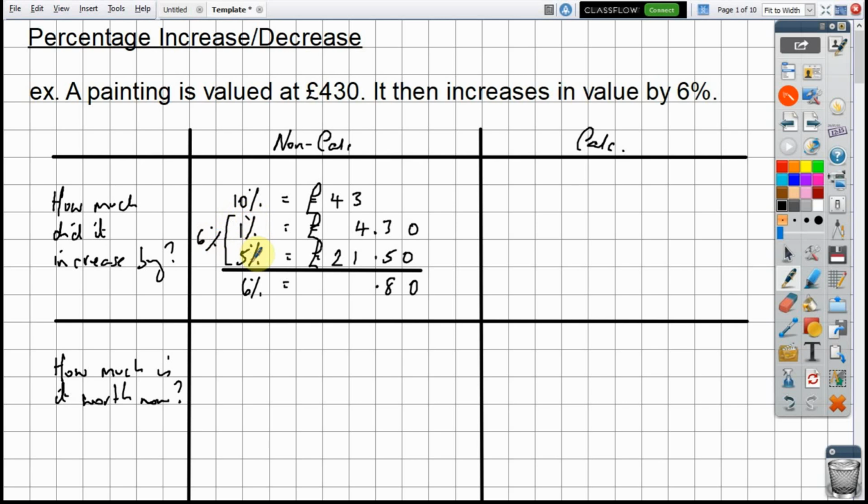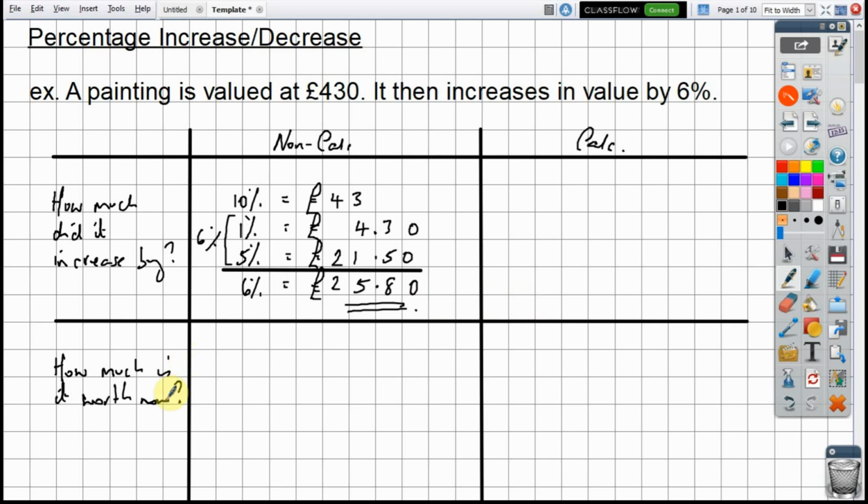I only want the 1% and the 5% added. This was helpful. This helped me work out what these were, but this is not part of the answer. So I'm only doing the 4, add the 1 makes the 5, and the 2. A final answer of £25.80. That's how much the painting increased in value by.